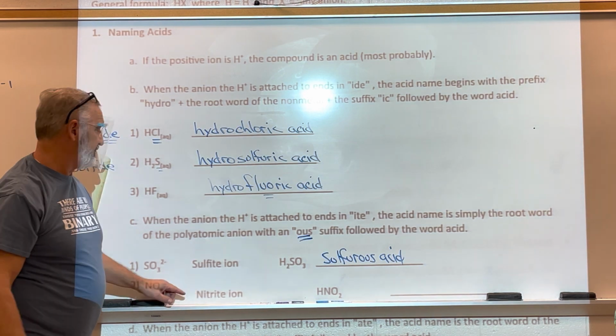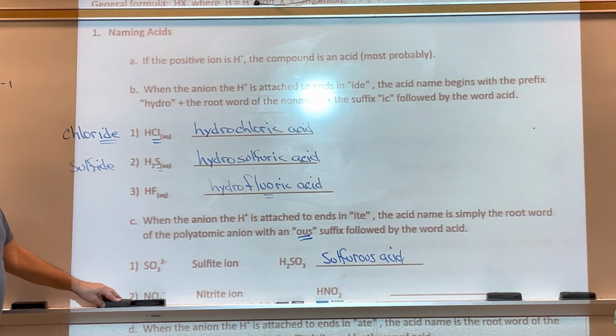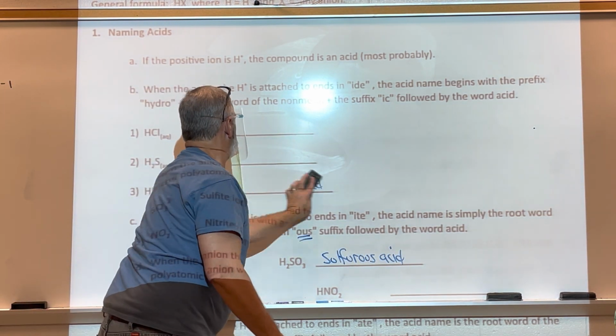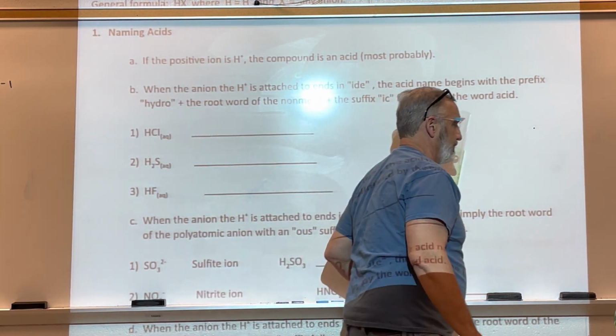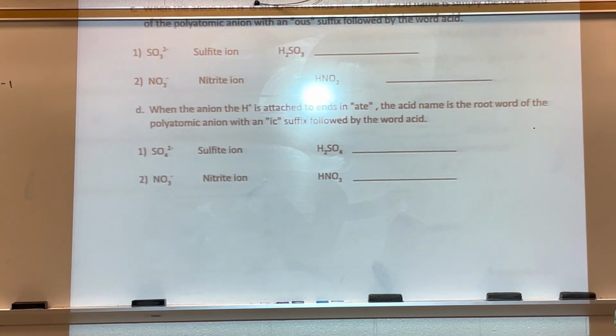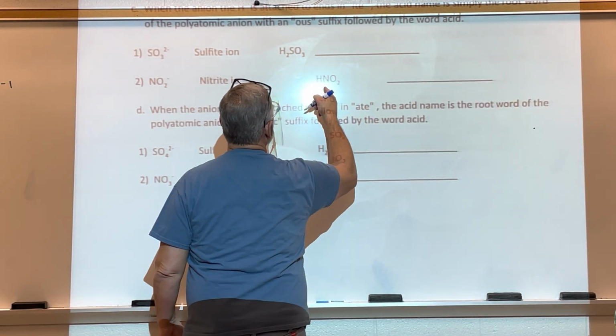So the nitrite, if I get that, I'm going to move it up so we can see the rest of it. Okay, sulfurous acid. So what would this one be? If it's the nitrite ion, what's the name of this acid going to be?